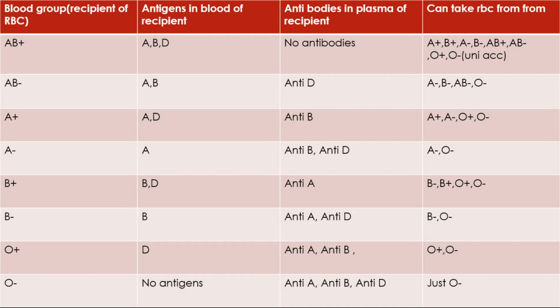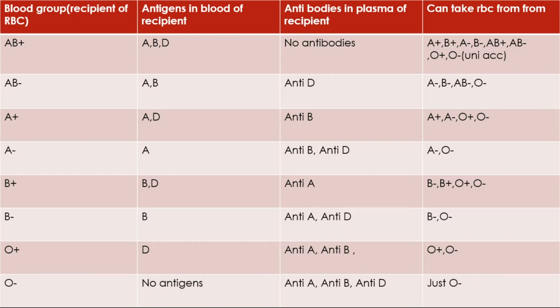plasma from the donor, so we don't have to consider the antibodies that the donor could have in his or her plasma. So we just have to see what antigens are present on their RBCs to give the RBCs to the recipient, because the recipient has every type of antigen that we are considering as a blood group, so we can give the RBCs from any type of blood group.